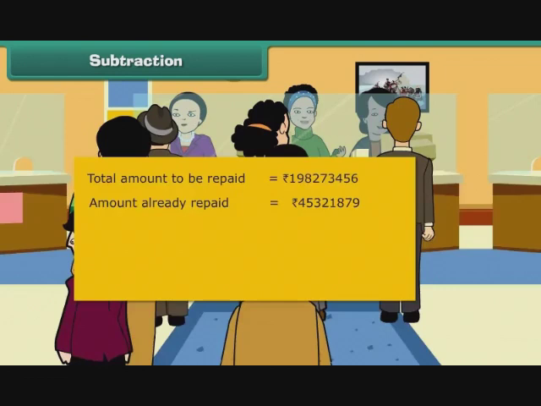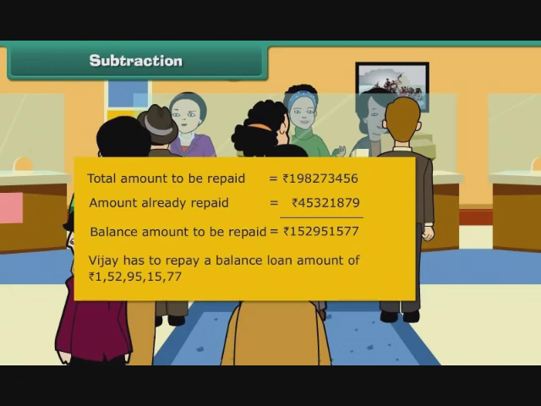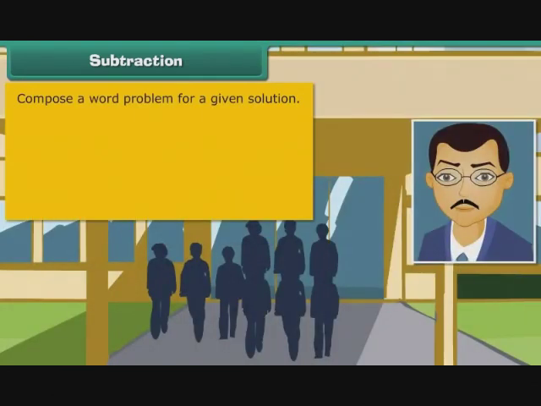Amount already repaid is equal to Rs 45321879. Balance amount to be repaid is equal to Rs 152951577. Vijay has to repay a balance loan amount of Rs 152951577. Let us now compose a word problem for a given solution.